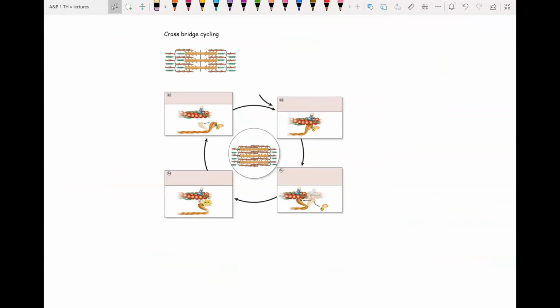Okay, so now that hopefully you understand that, let's add a few more details. Remember, we have to regulate this. So if it were up to the muscle, it would contract all the time. The myosin always wants to pull the actin in and contract.